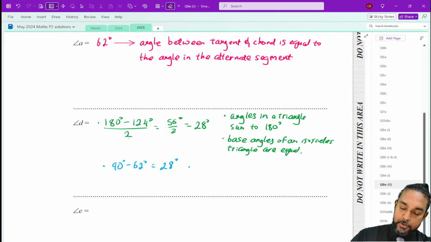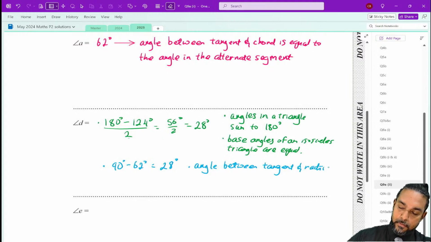One rule is that the angle between tangent and radius is 90 degrees. And again, base angles of an isosceles triangle are equal.